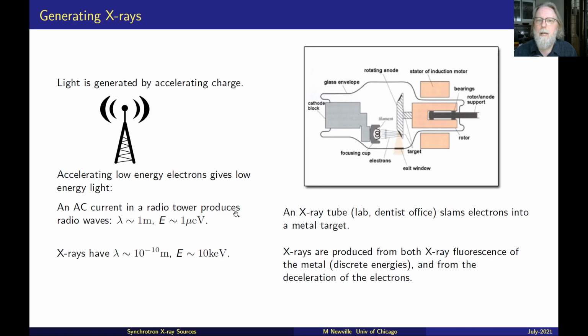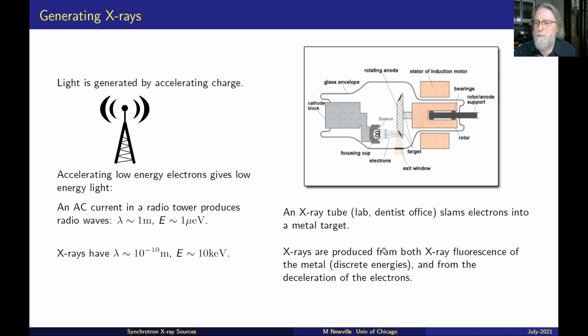You can also generate X-rays by slamming electrons, say from a cathode ray tube, into a metal. And this is how an X-ray tube that might be in your lab or your dentist's office works. Electrons are generated and accelerated through a field, then slam into a metal target, copper, tungsten, or so on.